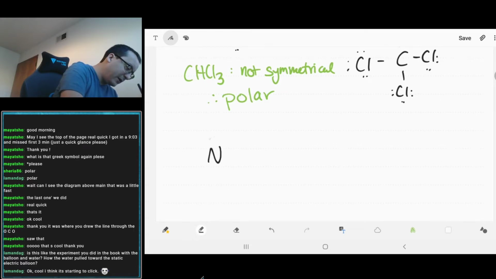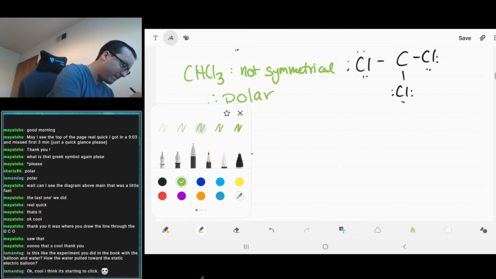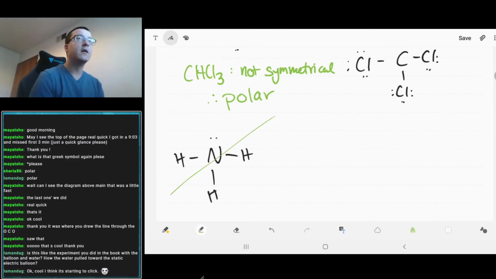All right, how about we do ammonia? Do we have exactly the same thing on both sides? Doesn't really look like it to me. We have a lone pair on one side, and we have hydrogens on the other side, right?